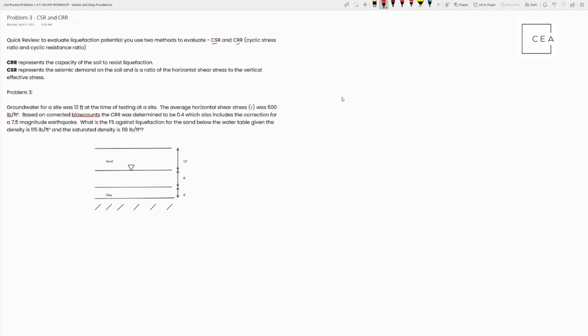And CSR represents the seismic demand on the soil and is a ratio of the horizontal shear stress to the vertical effective stress. Pretty straightforward. This could be likened, I believe we said, to a Poisson's ratio. Yes, the CSR could be likened to the Poisson's ratio.